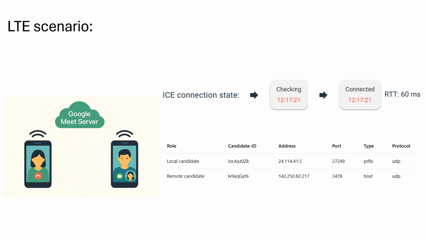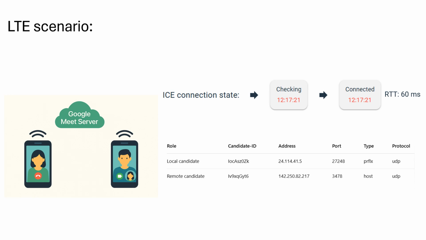In the LTE scenario, both peers are on the cellular network connecting through Google Meet's server. On the right, WebRTC internals shows ICE moving from checking to connected within the same time step, indicating NAT traversal complete in under a second.